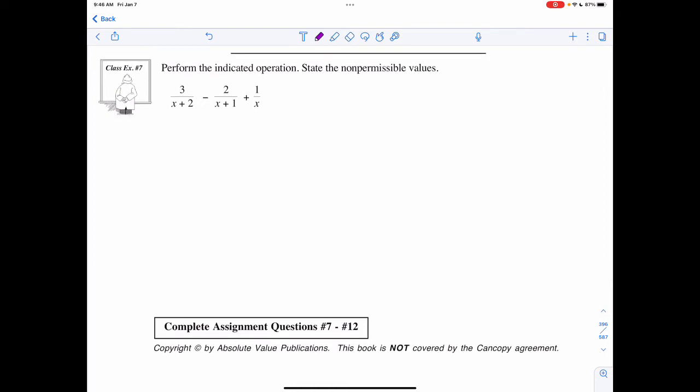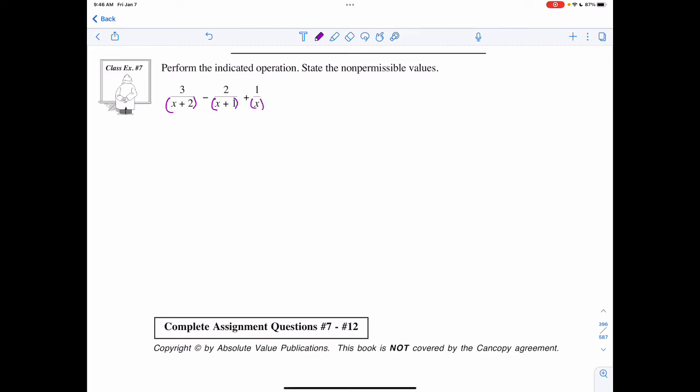Just like we did at the beginning, it doesn't matter how many different rational expressions you are adding or subtracting together, you're still doing the exact same process. So, when I take a look at these, I can't factor down any of the denominators.